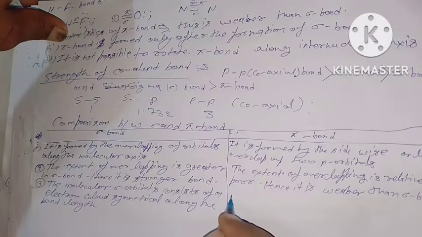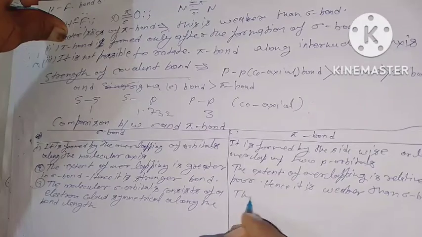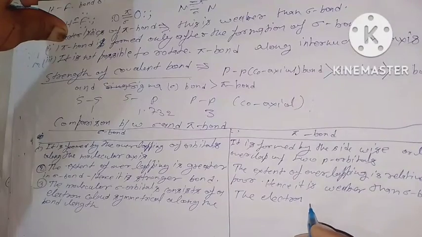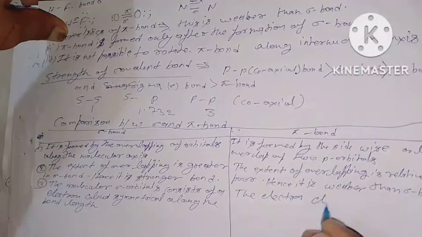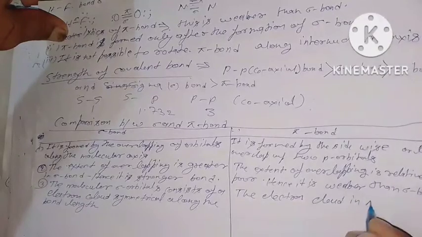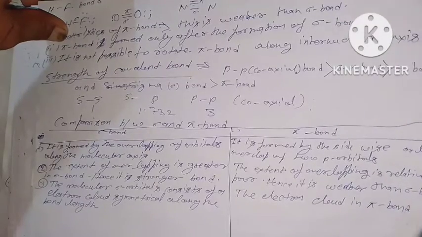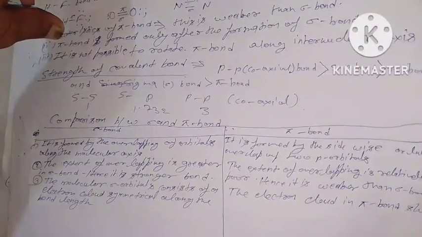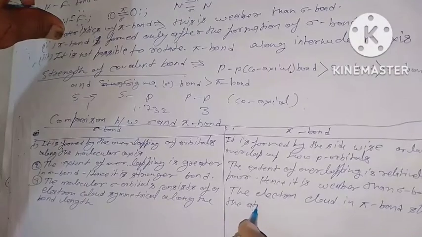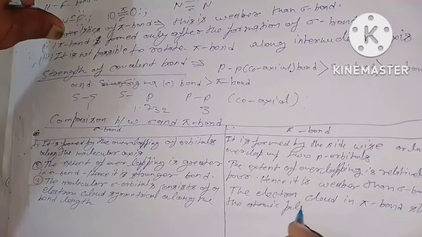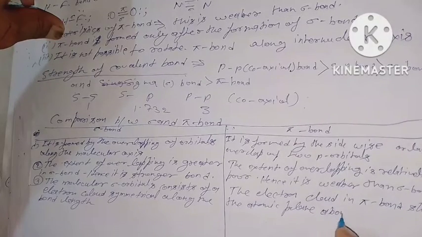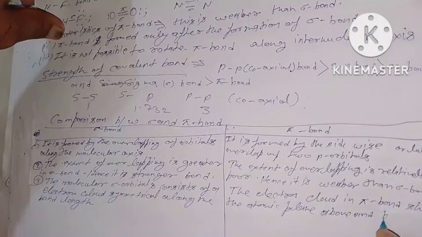As compared to sigma bond, the electron cloud in a pi bond shields the atomic plane above and below.